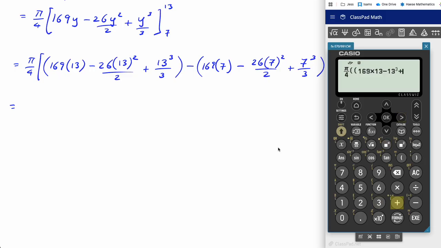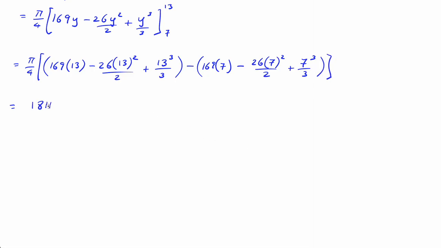And then plus 13 cubed over 3, close brackets, minus, open brackets, 169 times 7 minus 26 times 7 squared over 2 plus 7 cubed over 3, close bracket, close the other bracket, 18 pi. Okay, that seems very nice, so hopefully that's right.